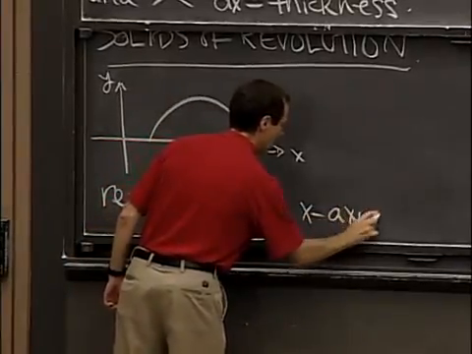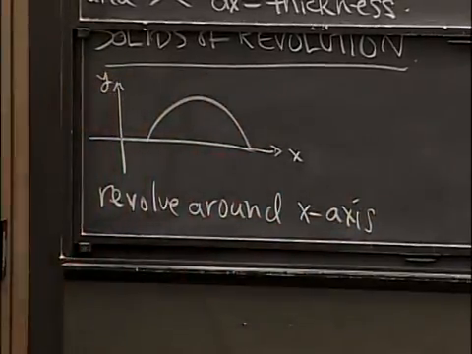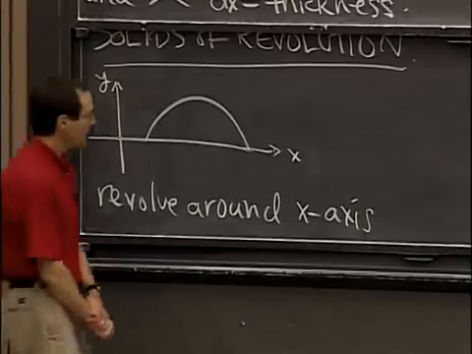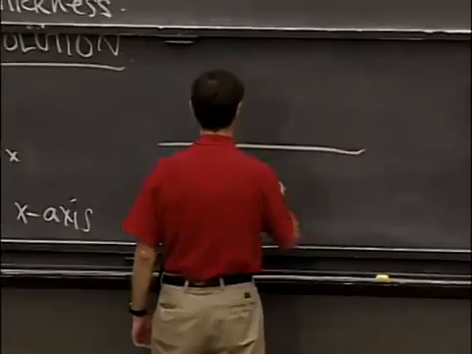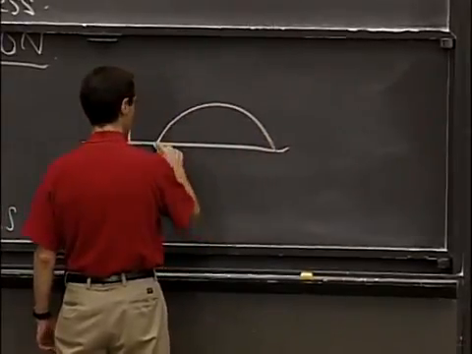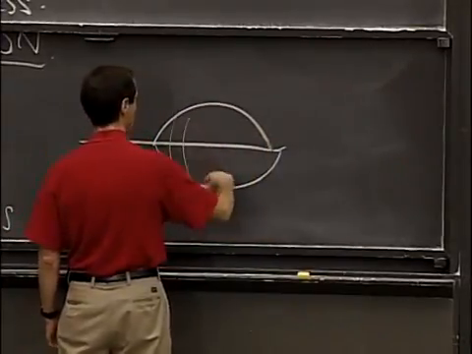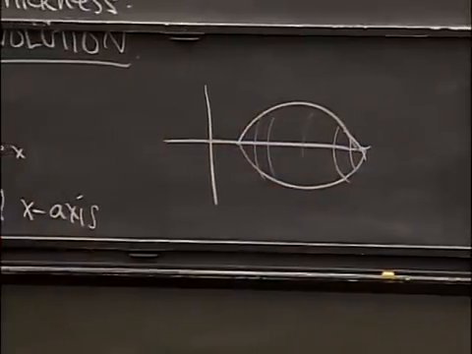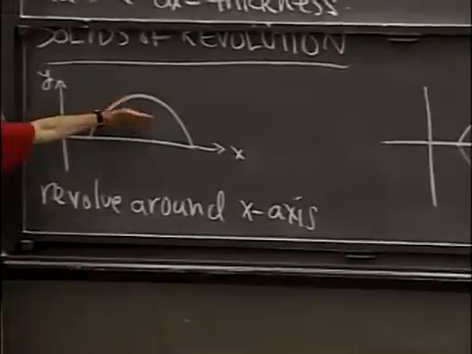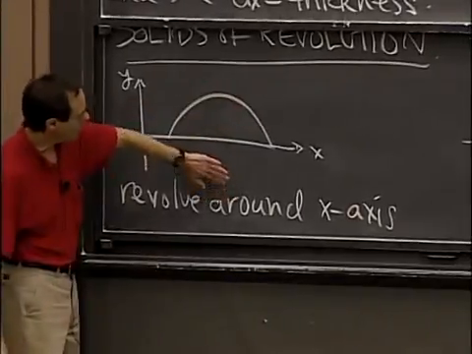If you do that, then the shape that you get is maybe like this. If I can draw it a little bit, it's maybe a football. All right, so that's the shape that you get if you take this piece of disk and you revolve it around.